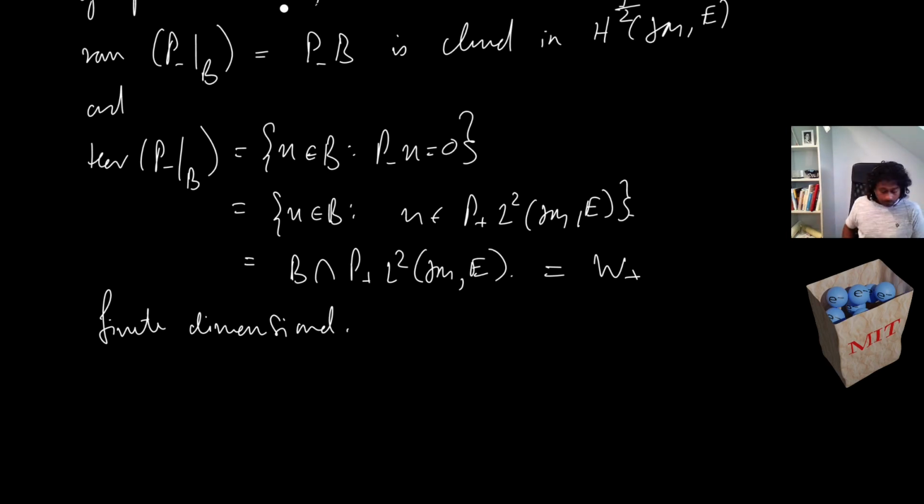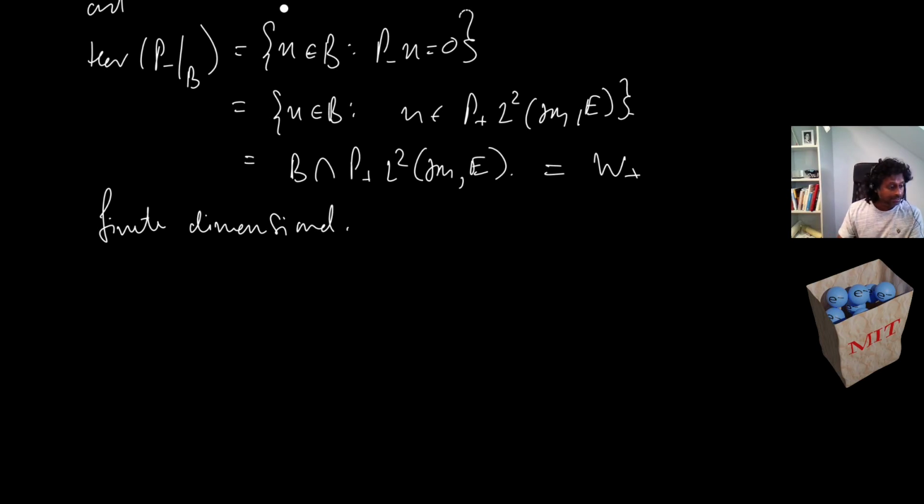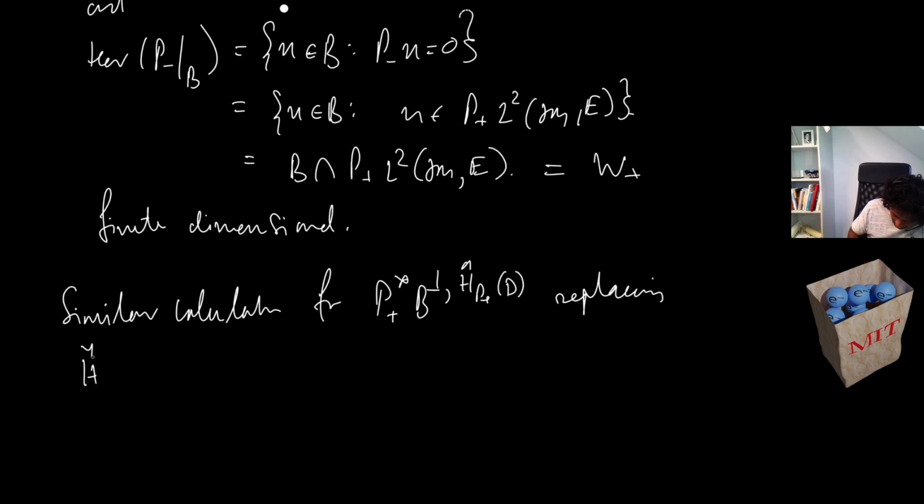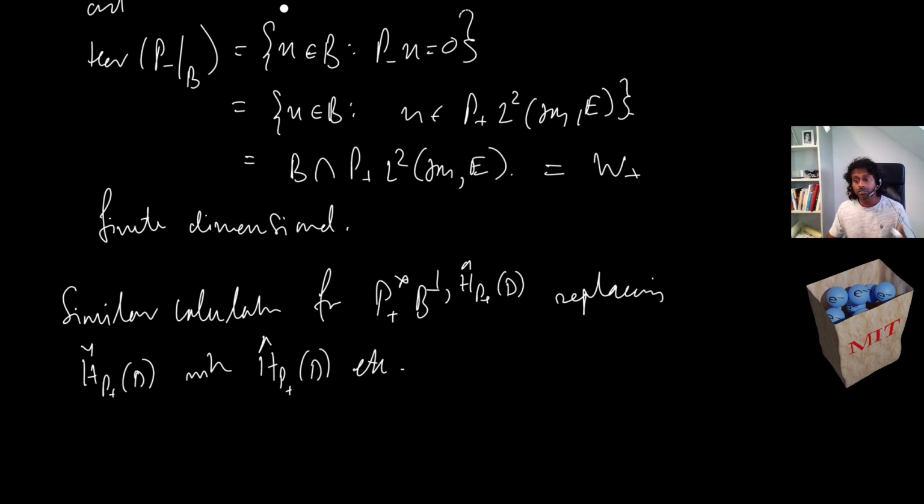Okay, so we can calculate exactly as we have done for the P plus B star. A similar calculation for P plus star B annihilated H P plus of D, but now we have to replace H check P plus of D with H hat P plus of D, etc. So we make the changes that you need to make, and then you get what you want.